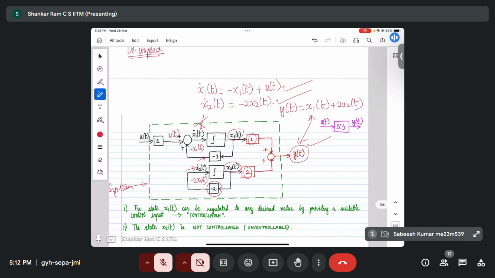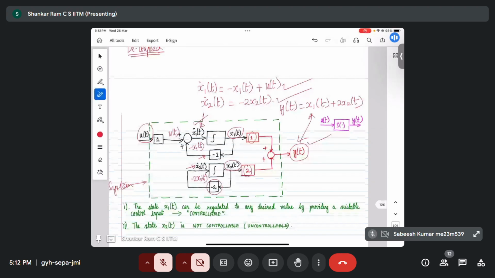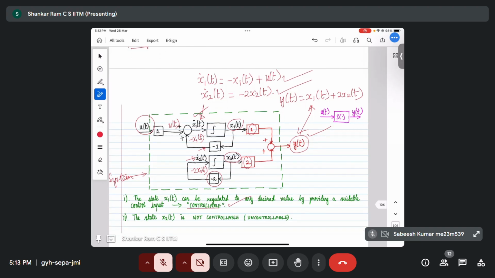Now, if you look at the state x1, we immediately observe that it's controllable through the input. The input u of t is directly influencing x1. That state is said to be a controllable state. We are going to formally define it, but we are going to have an intuitive understanding through this example.